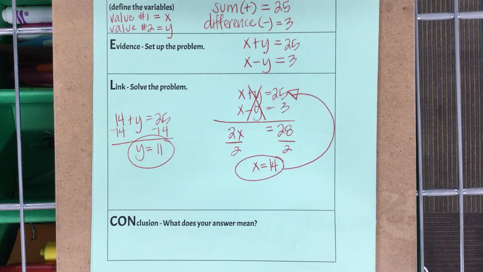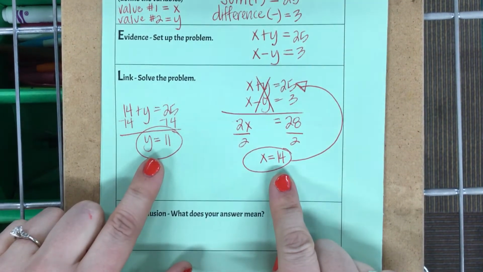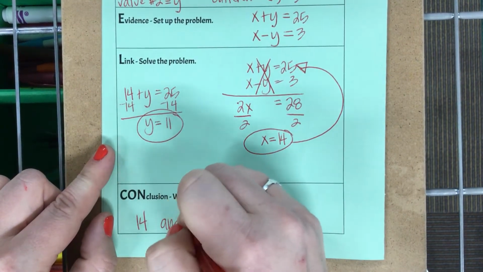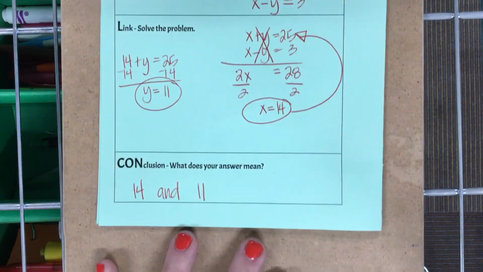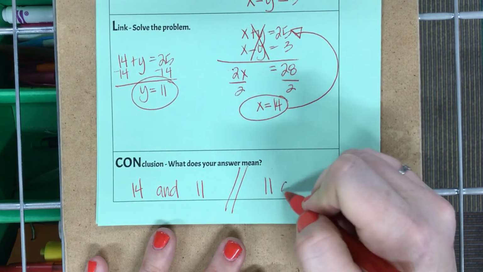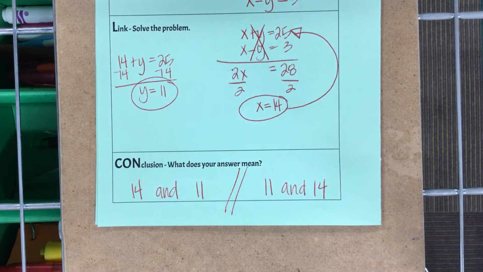You would not draw me a graph and then plot an ordered pair on it, right? This is not an ordered pair. You could say the answer is 14 and 11, but you could also say 11 and 14. It does not matter which one comes first.